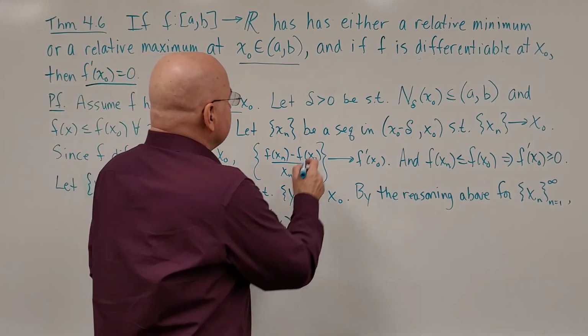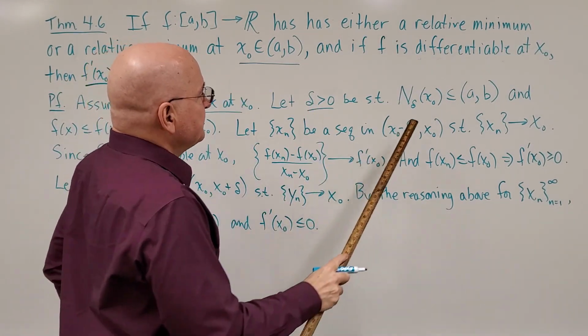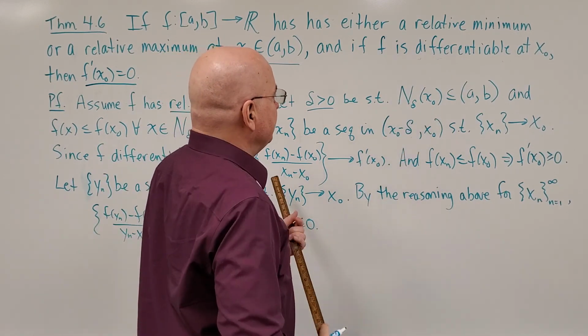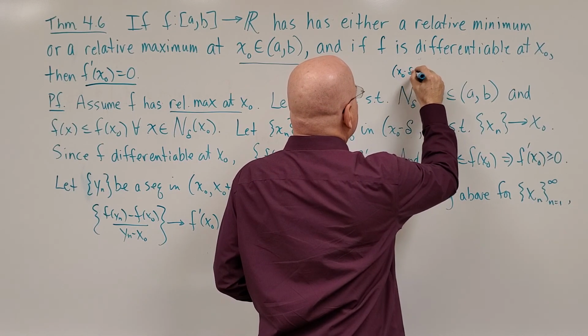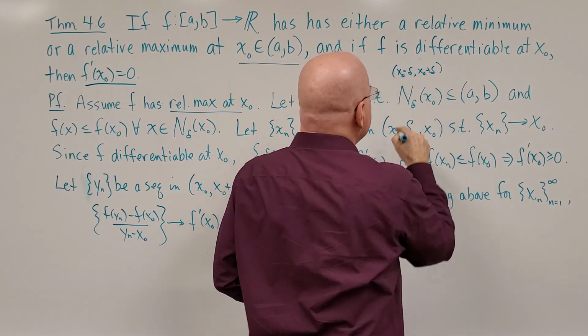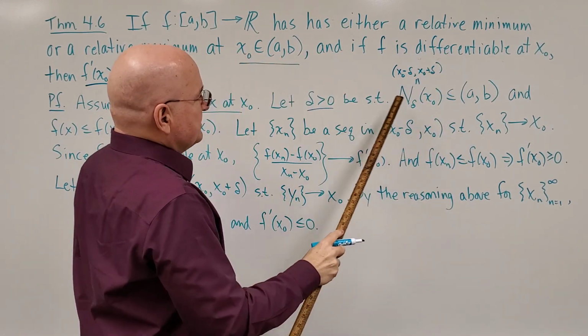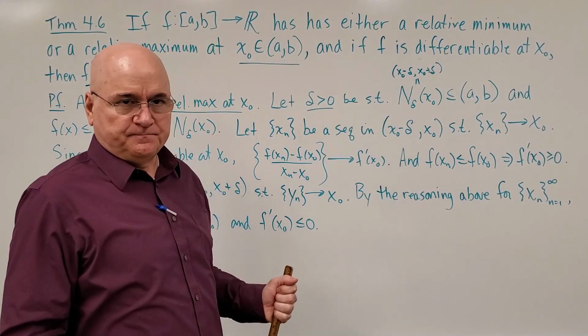Let delta be a positive number such that this delta neighborhood, remind you again, that's x naught minus delta to x naught plus delta, that interval, is completely contained inside of (a, b).